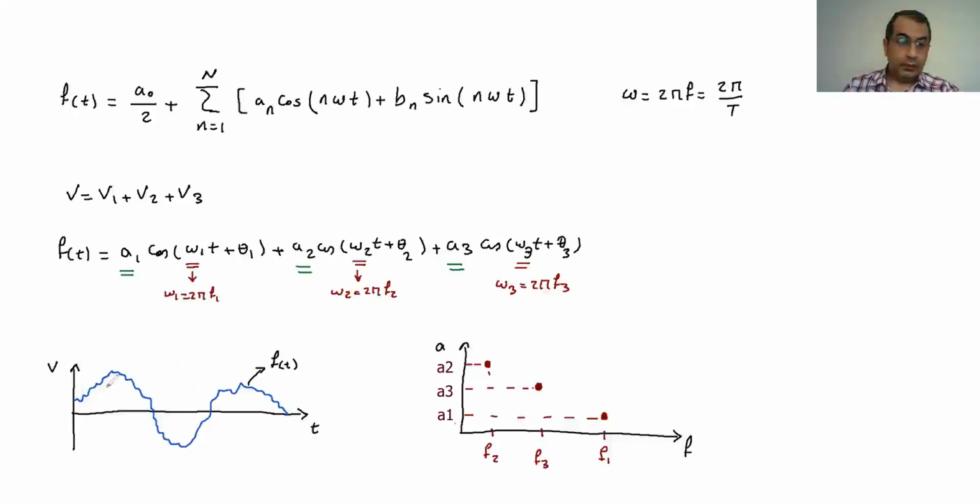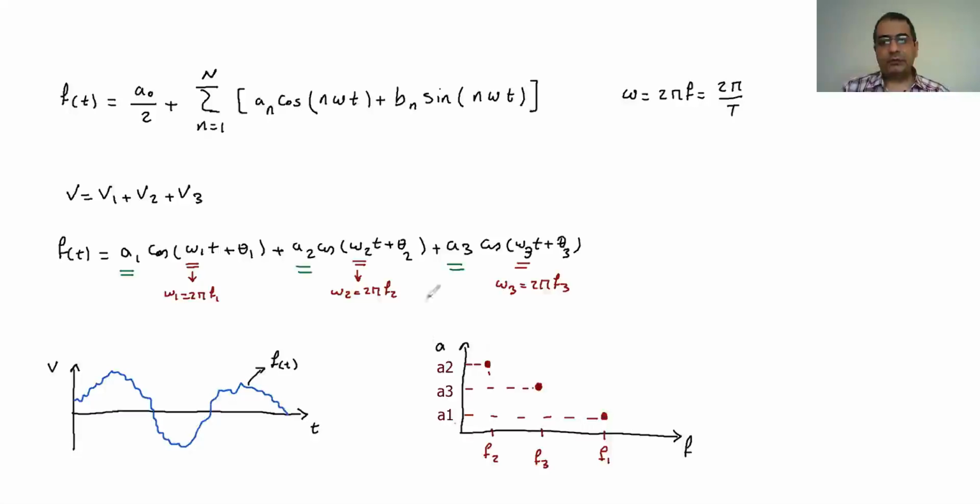So instead of trying to analyze all these data points here, I can come here and say, okay, that's much easier. I have a plot with three data points, and let's deal with these three rather than dealing with whatever number of data points I have in the original time series.